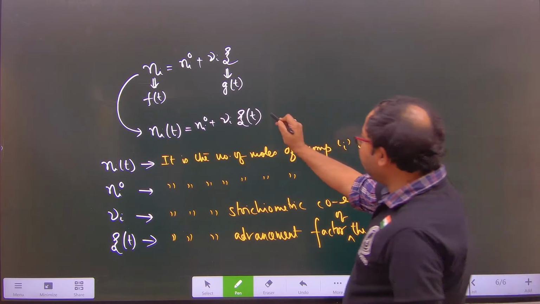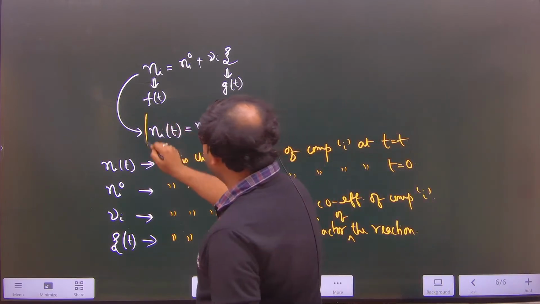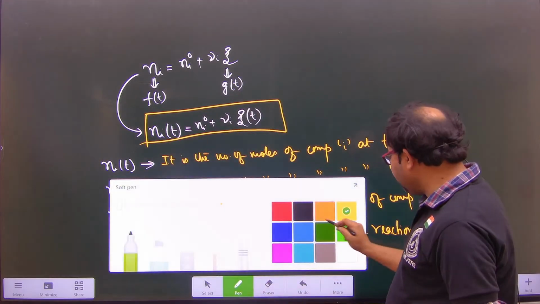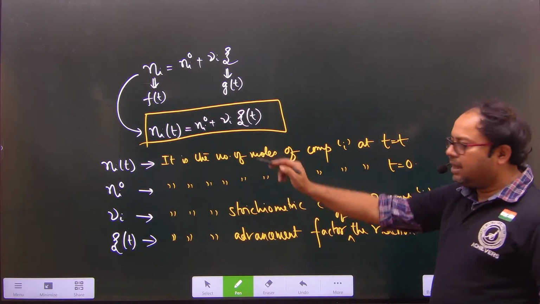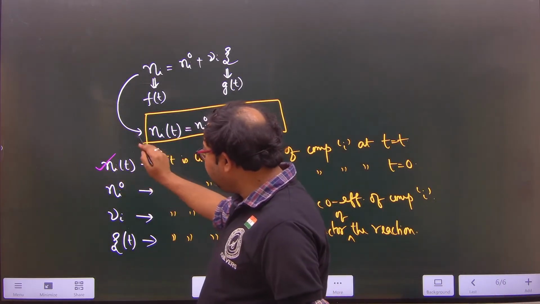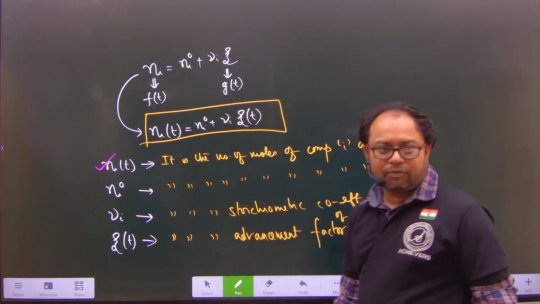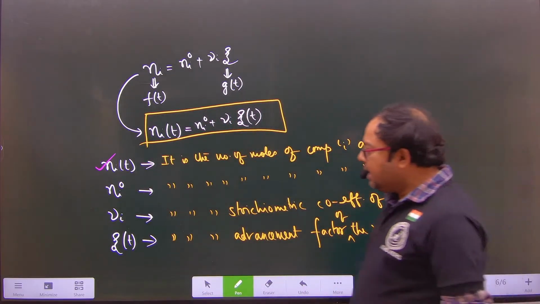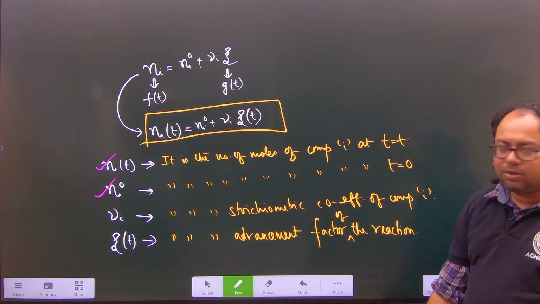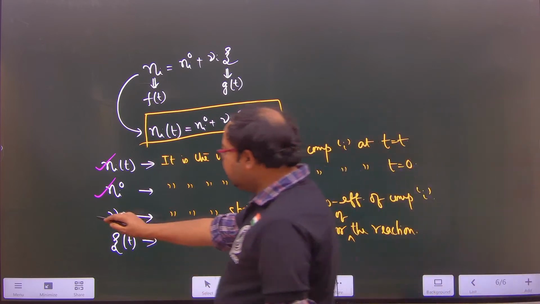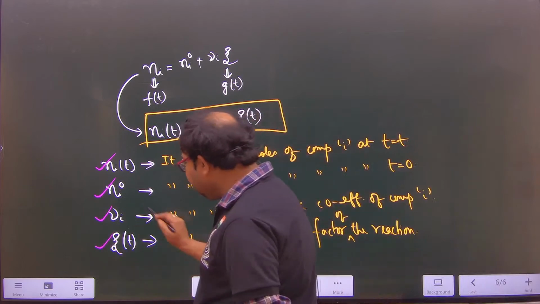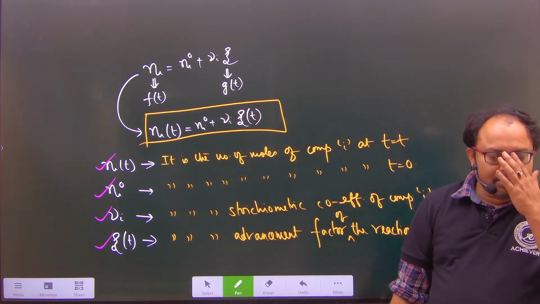So this is the fundamental equation. And this fundamental equation has some terms. So I have depicted the meaning of Ni(t): it is the number of moles of component i at time t. Ni0 is the number of moles of component i at time t equal to 0. Nu i is the stoichiometric coefficient of component i. And Xi(t) is the advancement factor of the reaction.